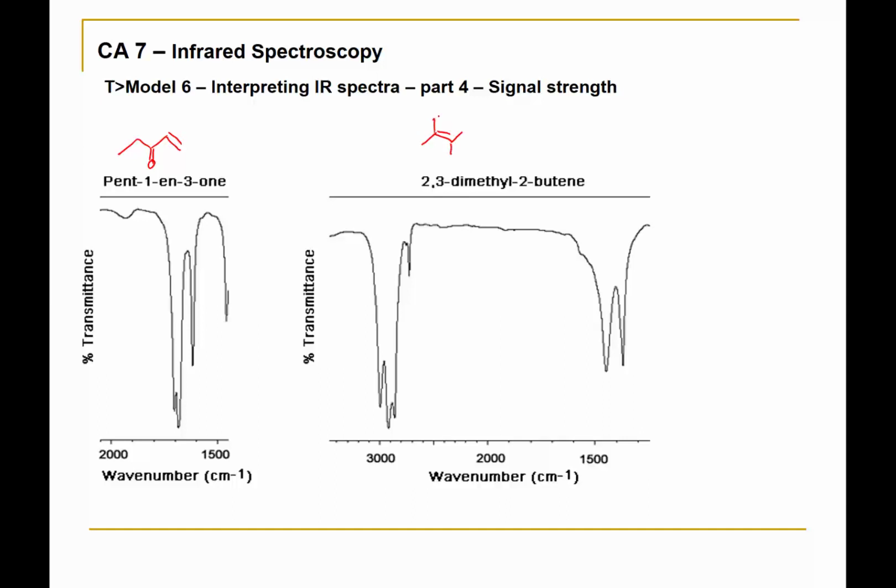Of course, the second structure doesn't have a ketone group, but it does have an alkene. So we've got an alkene here and an alkene here. And as I mentioned in the earlier slide, this signal occurring around 1640, it looks like, corresponds to the C double bond C signal.